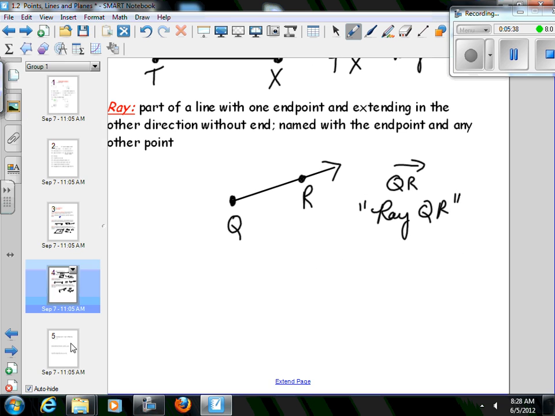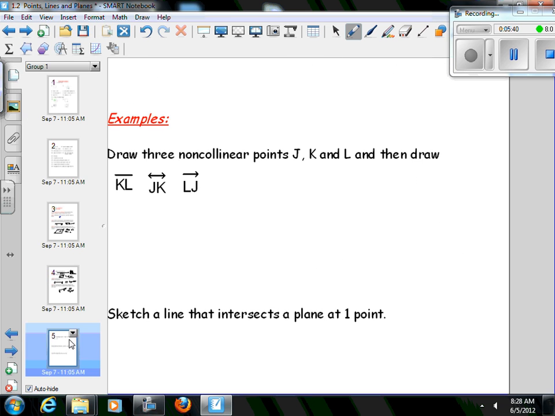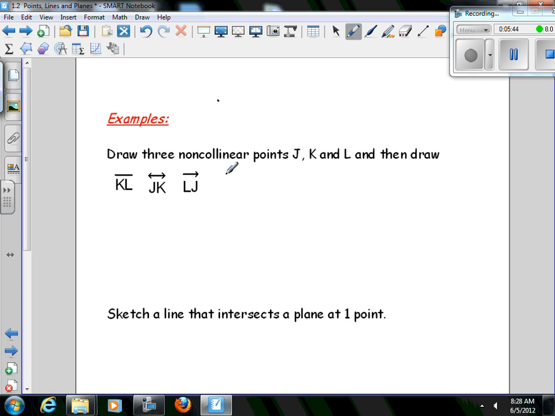So let's move on. Here are some examples. Let's draw three non-collinear points, J, K, and L, and then draw segment KL, line JK, and ray LJ. So starting with three non-collinear points.